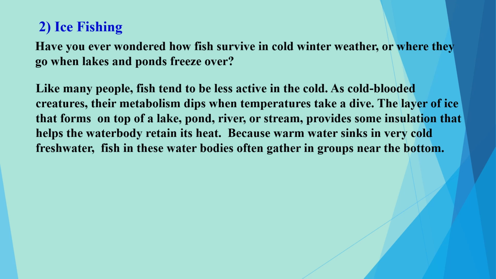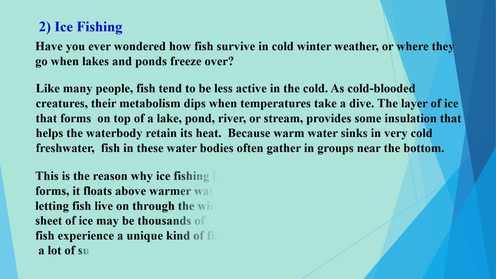The layer of ice that forms on top of a lake, pond, river, or stream provides some insulation that helps the water body retain its heat. Because warm water sinks in very cold freshwater, fish in these water bodies often gather in groups near the bottom.